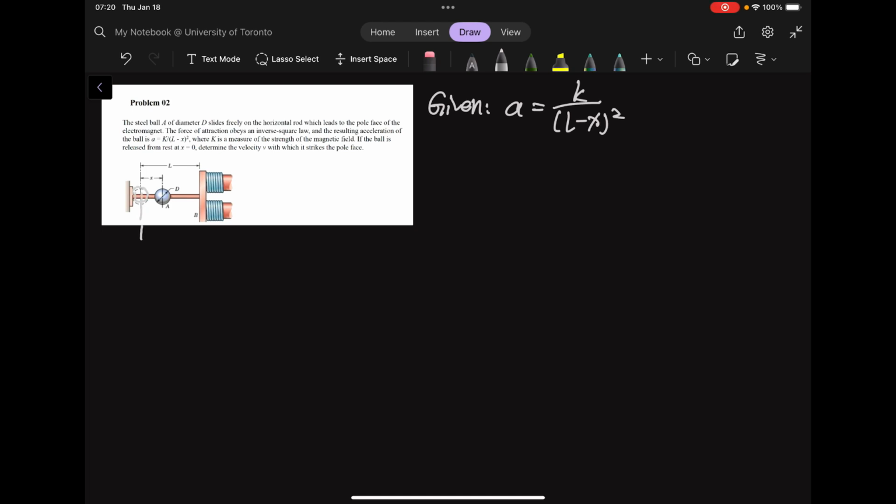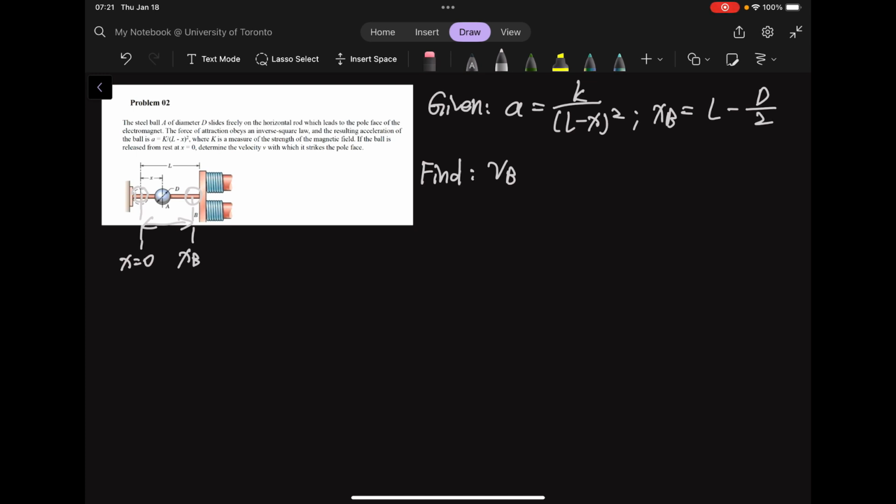We need to determine the velocity when it strikes the pole face, where we assume this length is xb. We need to find the velocity of the steel ball at xb. And also xb is equal to L divided by D over 2.